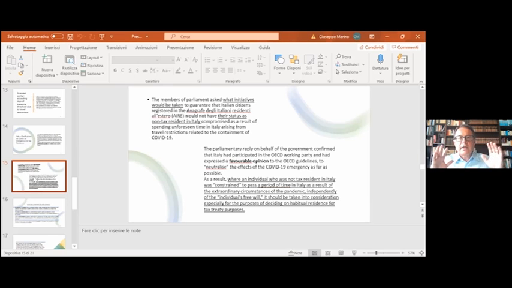Even if there is a lockdown, nothing changes in terms of determination of the residence of the cross-border worker and the determination of the taxable base, as far as the international tax treaties are concerned.